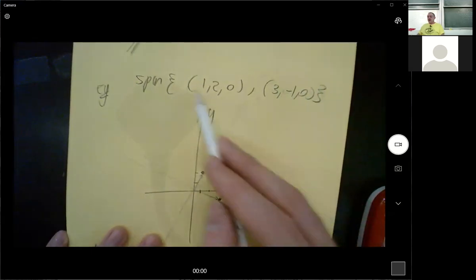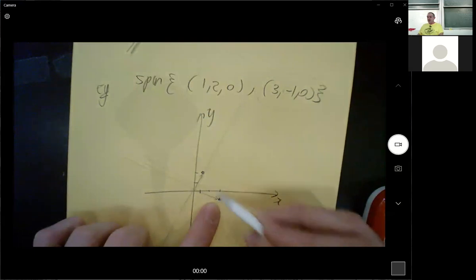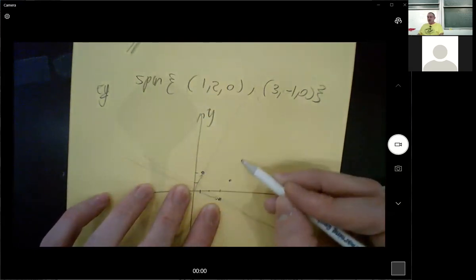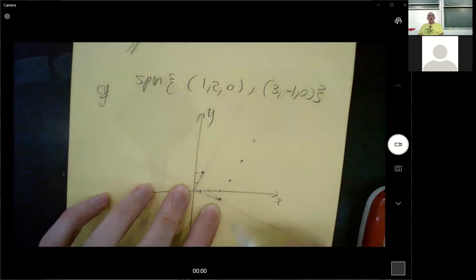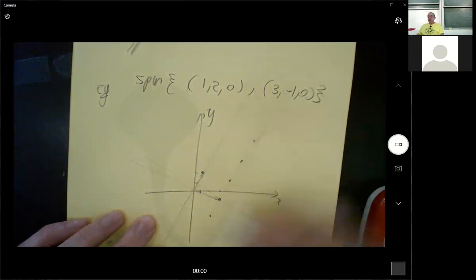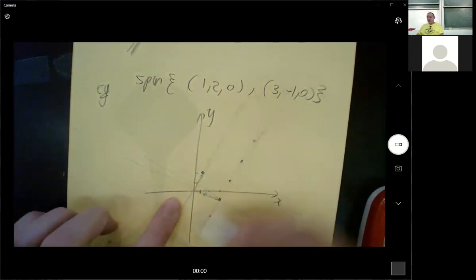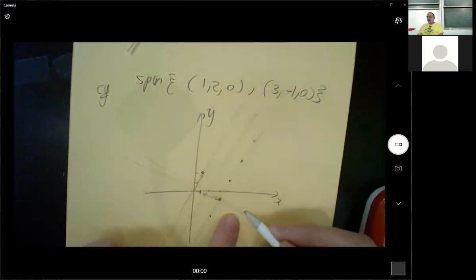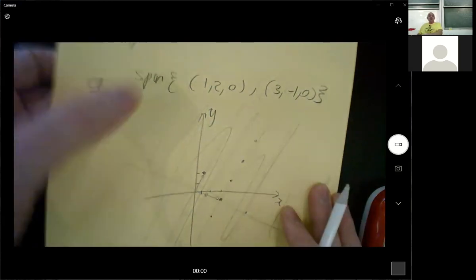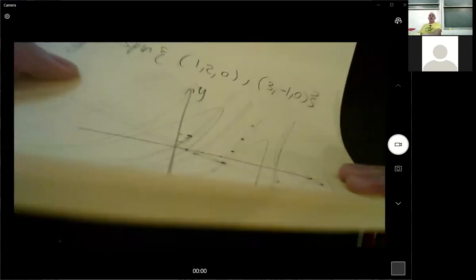And now if I add one of these vectors to these vectors, this plus that would be there, this plus 2 of that would be there, this plus 3 of that would be there, this minus 1 of that would be there, I'd be able to fill out this. I could have half of this plus 1 of that, that would be this. I could have 2 of this plus all the multiples of the other, that would be this, and I'd fill out everything. But it's not actually everything, because this was just a plane inside 3D.